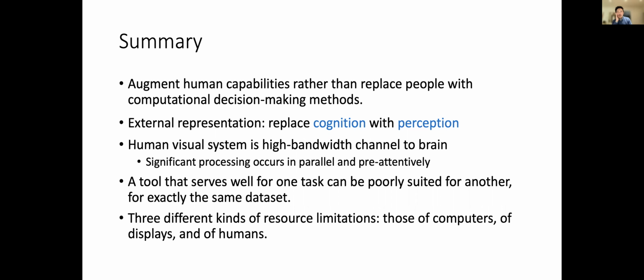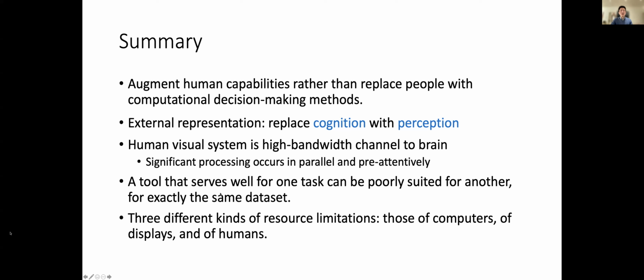And finally, it's the resource limitations, the limitations of what we can visualize. This can be limited by the computational resources in terms of how much data it can process and hold, by the display, depending on how many data points can be shown, and finally by our human cognitive capabilities, how many data points we can make sense of without being overwhelmed.